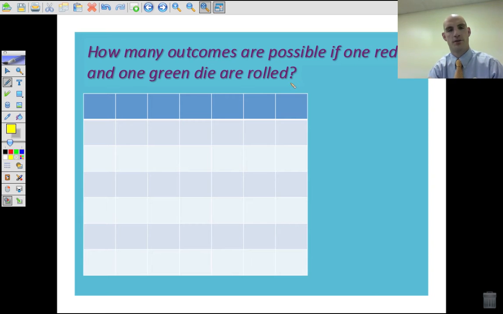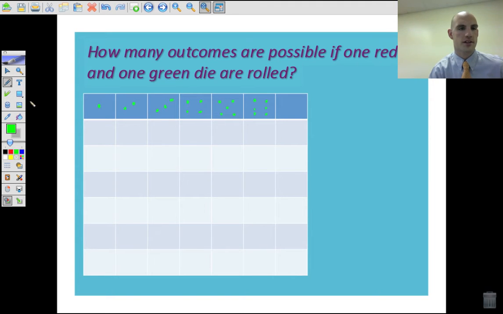So here's how we're going to do this. This chart up here, we're going to use one column or one row for just the green possibilities. So I could roll 1, I could roll 2, I could roll 3, I could roll 4, I could roll a 5, or I could roll a 6. Okay?